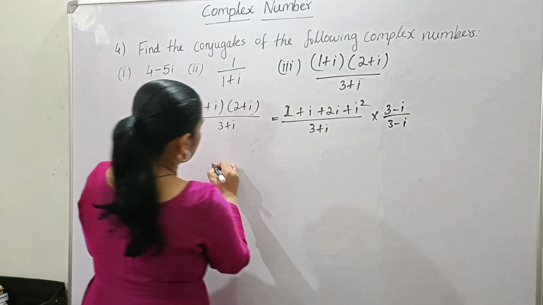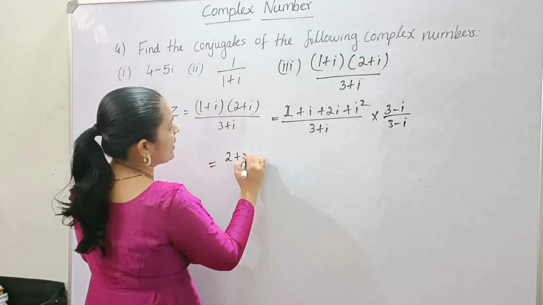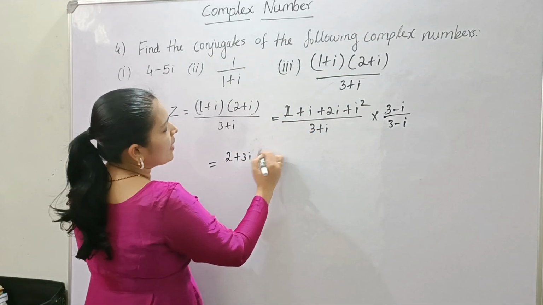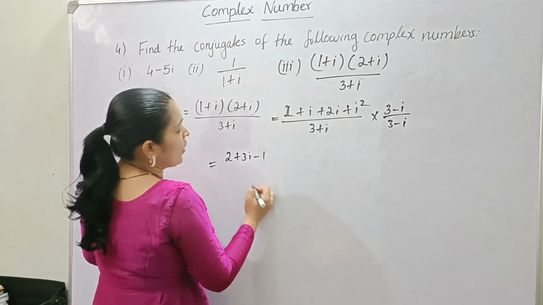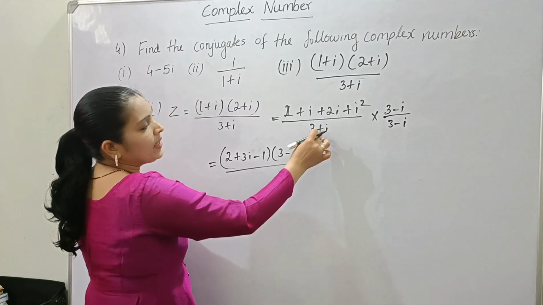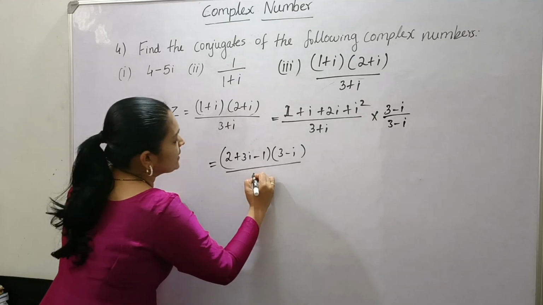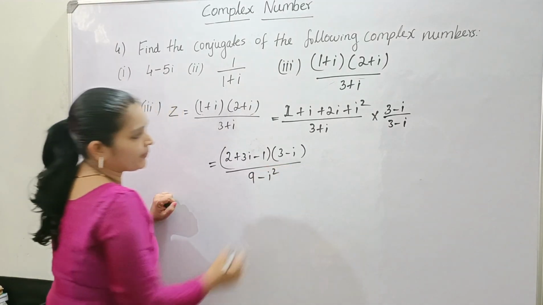That is equal to, so here 2 plus 3i, i plus 2i, 3i, i square value is minus 1, into 3 minus i divided by, here (a plus b) into (a minus b), that is a square minus b square, that is nothing but 9 minus i square, right?